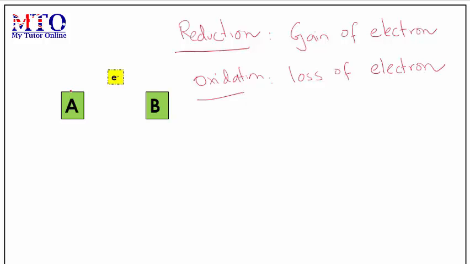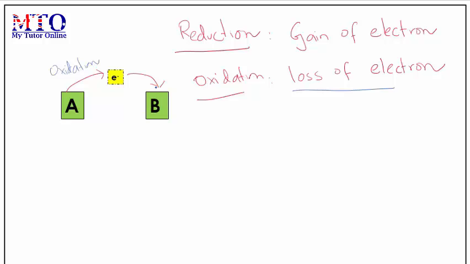Consider this example. Suppose species A is giving electrons to species B. So what is happening here is that species A is losing electrons to species B. Whenever there is loss of electrons, that process must be oxidation. So oxidation is happening when species A, or substance A, is losing electrons.